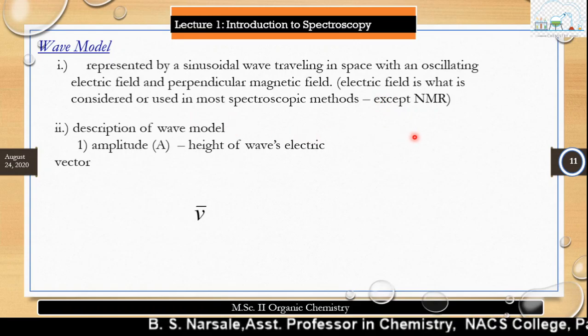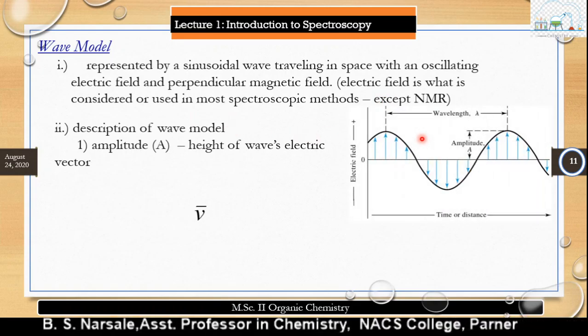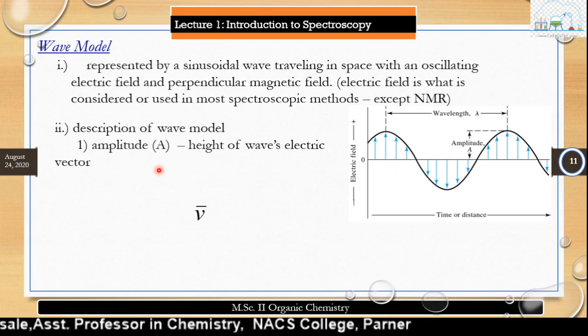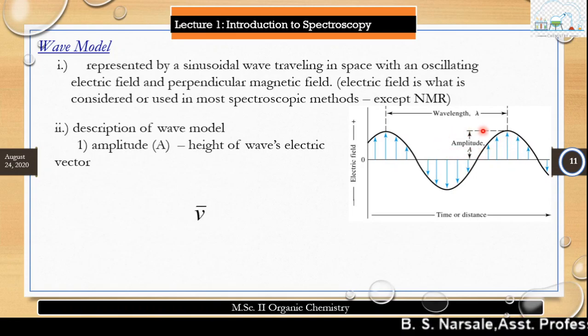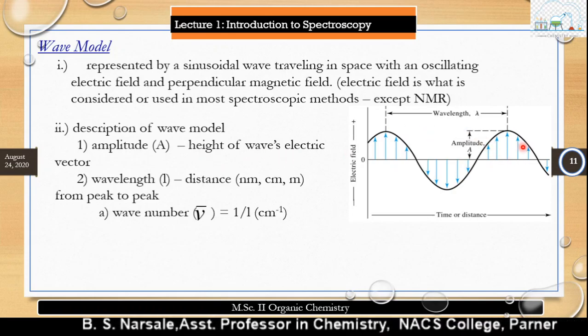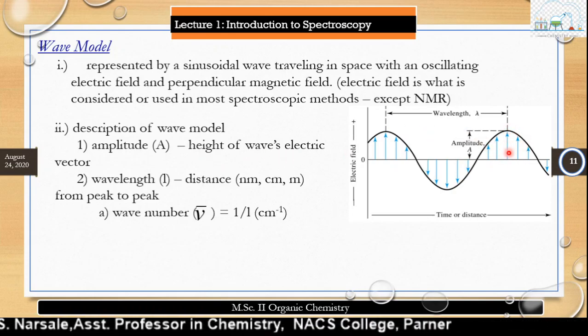Now, the terms we are discussing here: the first is amplitude. In these waves, the maximum displacement of the wave is given by the amplitude. Here we say the height of the wave, the electric vector, the maximum displacement.